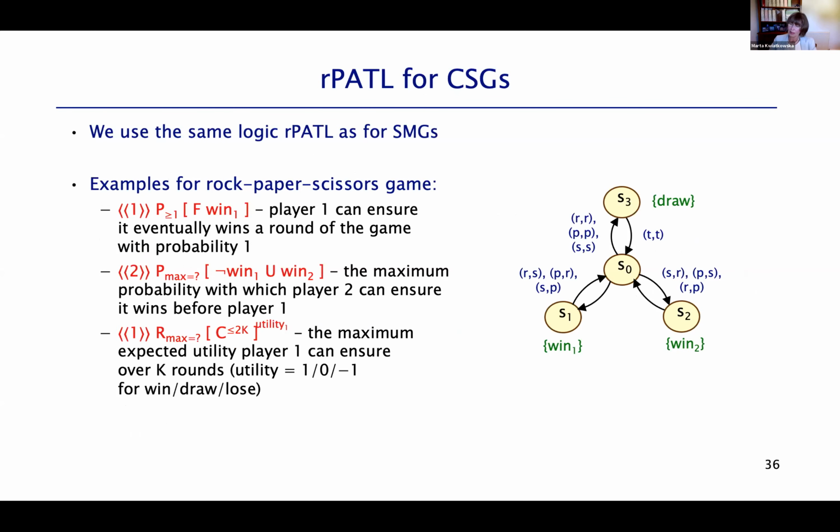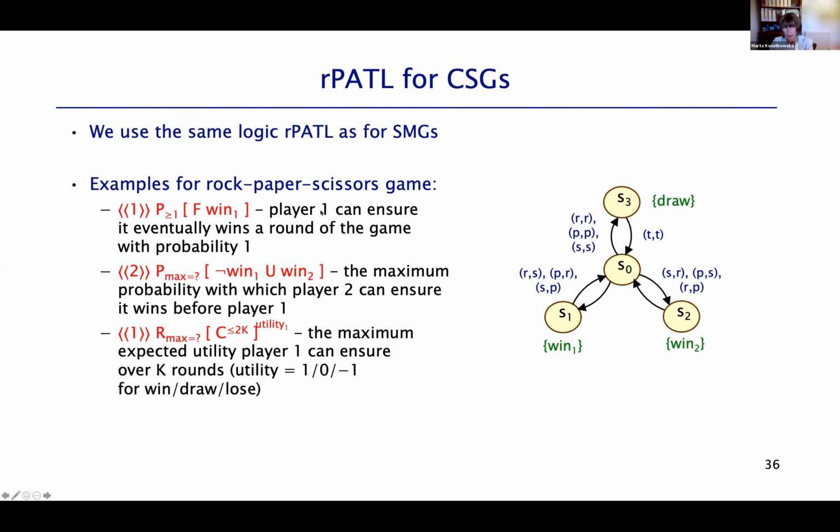So what we can do in this case is we can just consider the same logic for zero-sum properties. We just make the model more general. Instead of turn-based games, we use concurrent games, but we have the same logic, so we also group players into coalitions, okay?